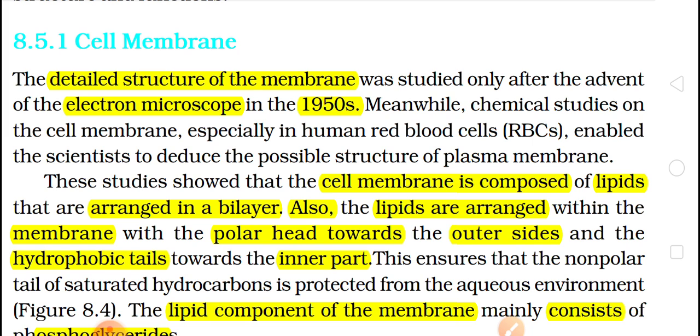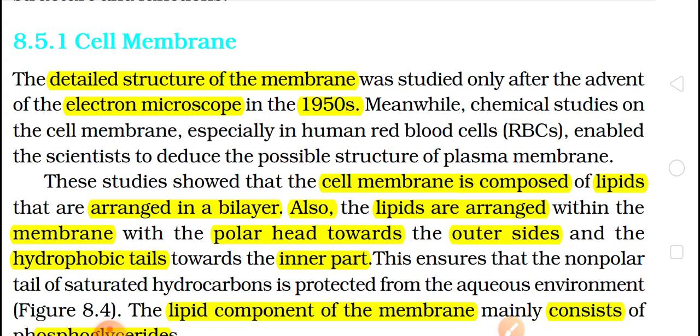It is the second layer of the cell after the outermost cell wall, and the function of the cell membrane is to transport ions and molecules from outside to inside or inside to outside.